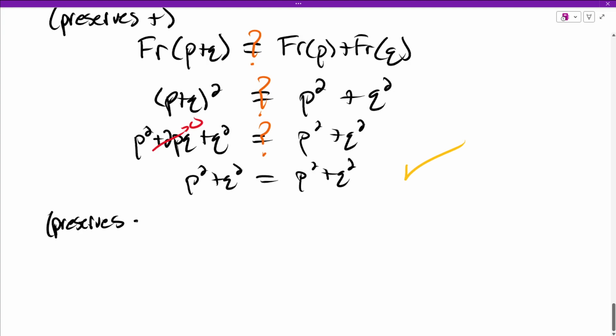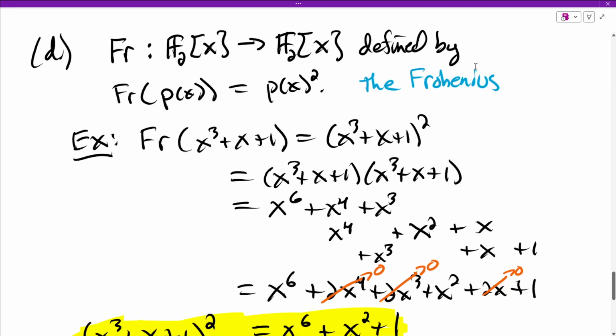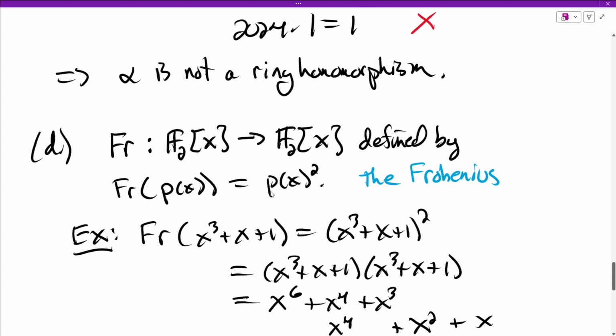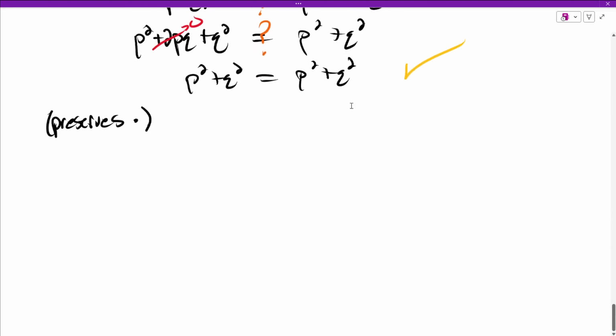Let's check preserves multiplication. Now I'm trying to give you some intuition for when these should be true so that you can make an educated guess when you encounter them and then check your educated guess. So our function, the Frobenius function, is defined with multiplication. If it's defined with multiplication, chances of it preserving multiplication are quite high. So let's go in and check that. So what's the Frobenius of PQ?